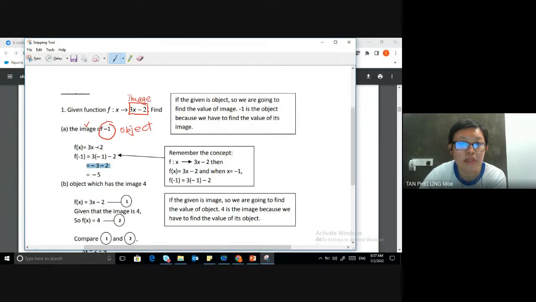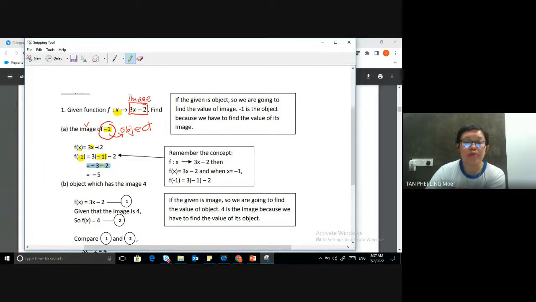The image of -1 means -1 is the object. So you put in f(-1), and all the objects become -1. Do you see here? So 3 times -1, and then you can solve.